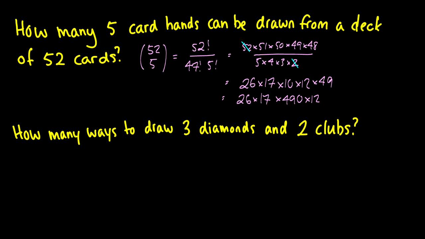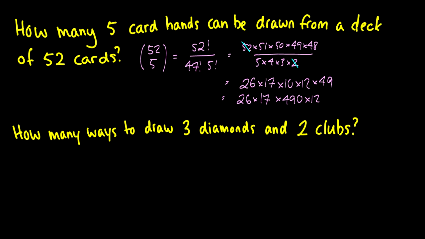Now here's a better question. How many ways can we draw 3 diamonds and 2 clubs? Well, this is a little bit more interesting. Because when we just draw 5 cards, we can do it really however we want. We just say, oh, there's 52 total cards, and then we draw 5, and it's not too bad.